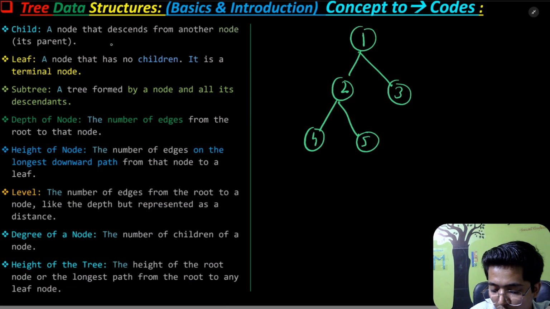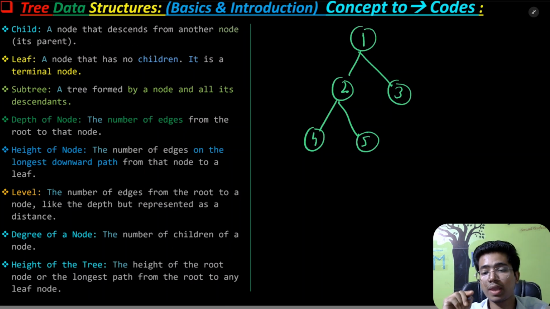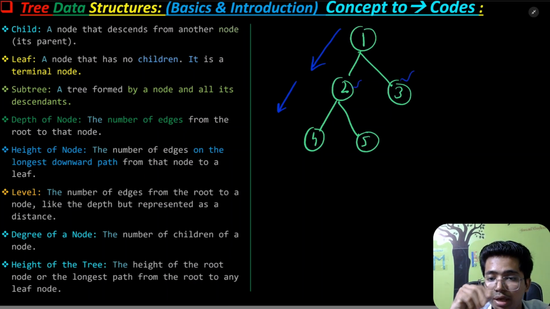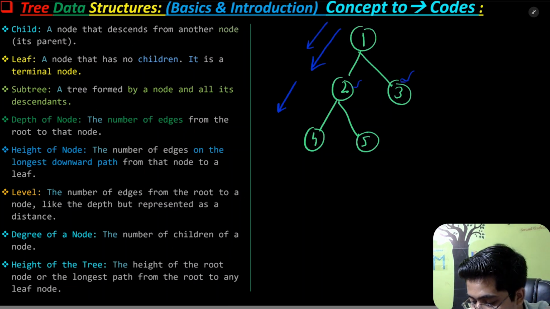Now child: a node that descends from another node. There is one more term in tree terminology, called descendants. If we go towards the downside, we call those nodes descendants. 2 is a descendant of 1, and 3 is a descendant of 1, because they are towards the downside.